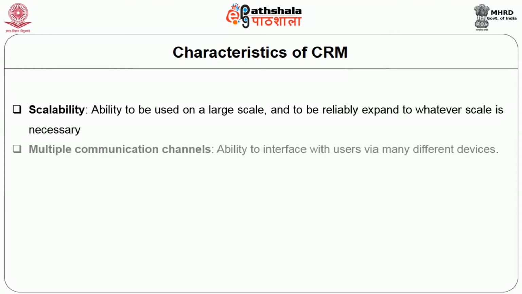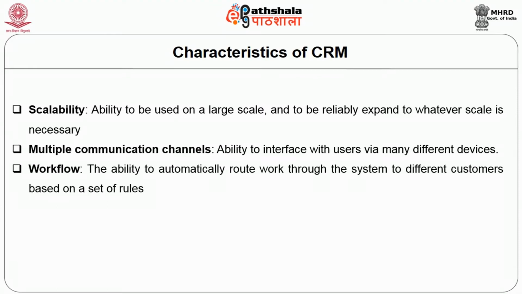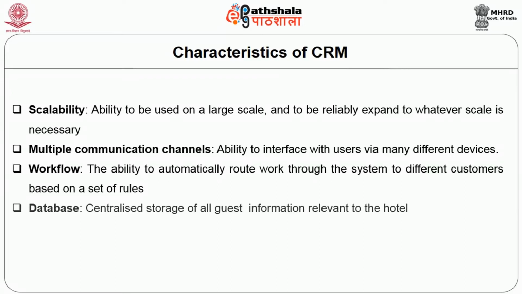Number two is multiple communication channels, the ability to interface with the users via many different devices available virtually, online. These follow a strategy. Number three is workflow, the ability to automatically route work through the system to different customers based on a set of rules. And number four is the database.